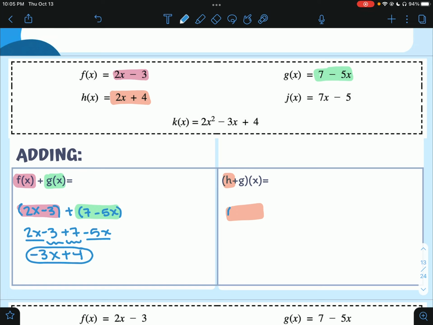So first thing, we would have 2x plus 4 plus, well, our g of x was 7 minus 5x. Again, we drop those parentheses. I'm going to rewrite it.